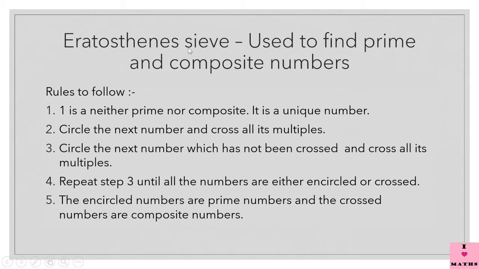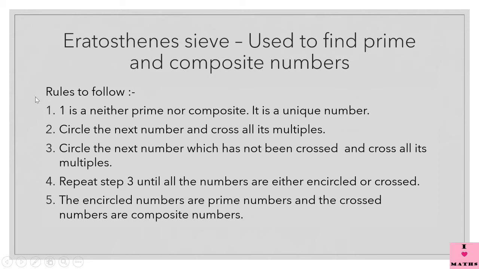And in the same way, Eratosthenes used a sieve or a special method to separate prime numbers and composite numbers. Let us see what method this is.